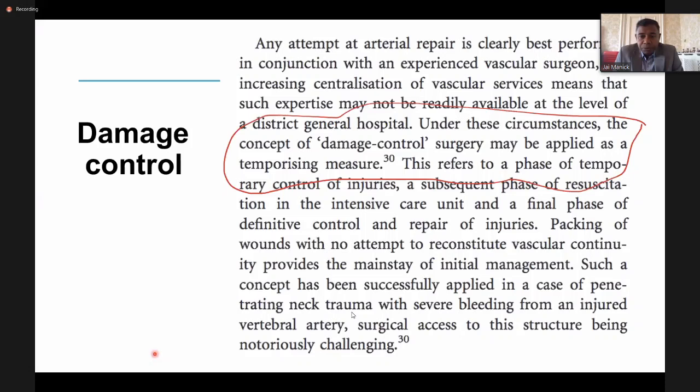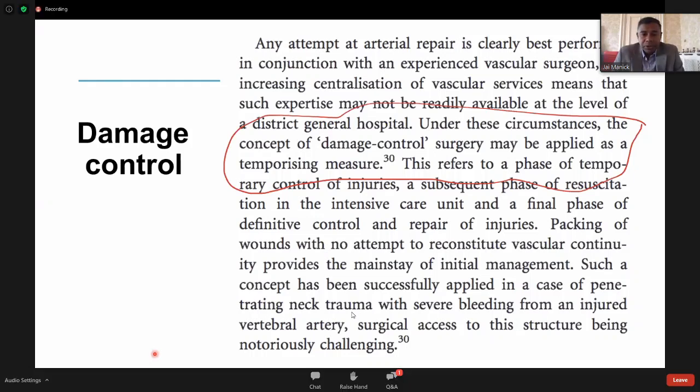If there is active bleeding, you have to carry out a damage control procedure, which could be as simple as putting a large gauze piece over the neck to control the bleeding, or you may have to insert a Foley's catheter in the bleeding wound and inflate it, and then add a lot of gauze on top, and safely transfer this patient to the nearest tertiary trauma center who can manage these patients more effectively in a multidisciplinary team.